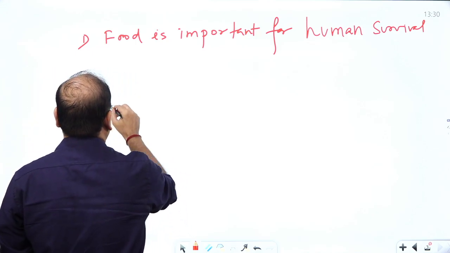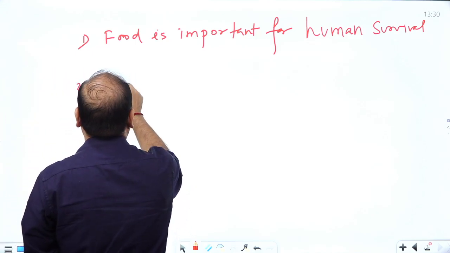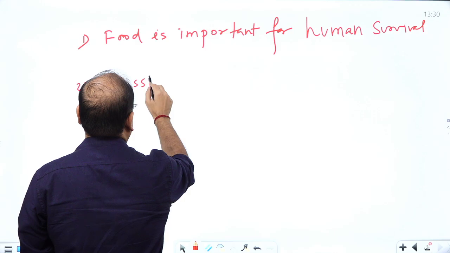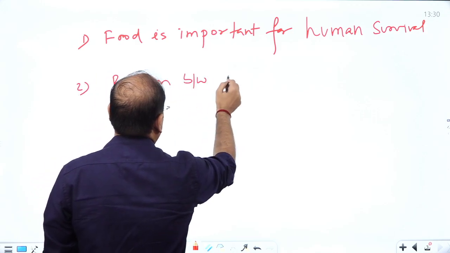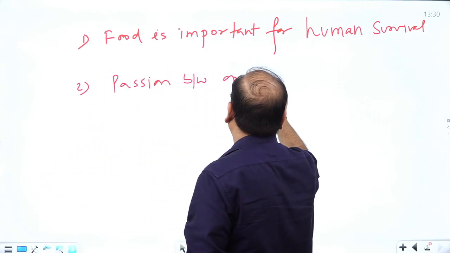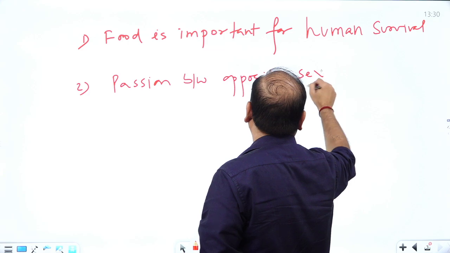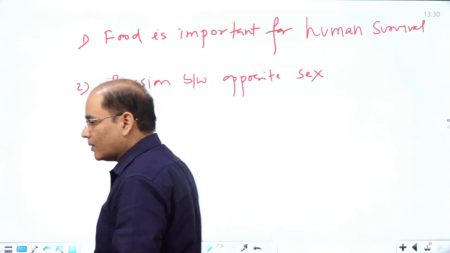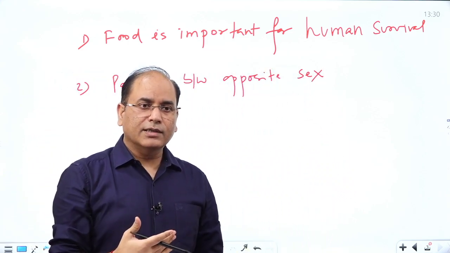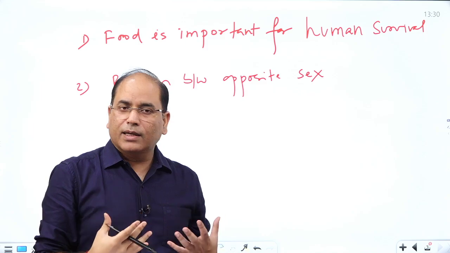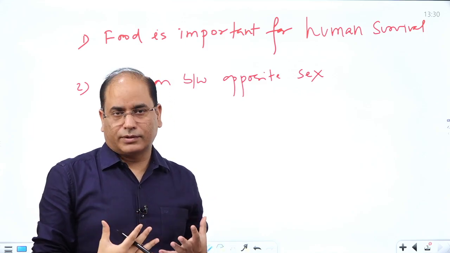The second is there will be passion between opposite sexes. So there will be a passion between opposite sexes, meaning there will be a passion for population growth.